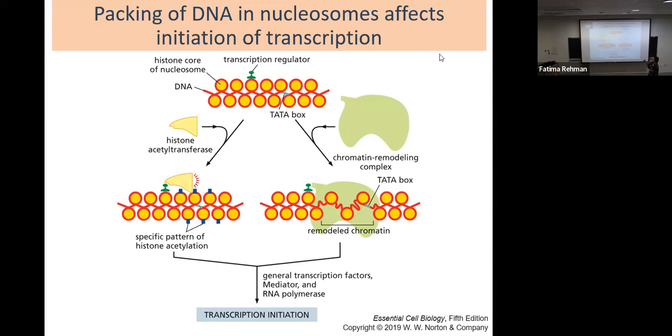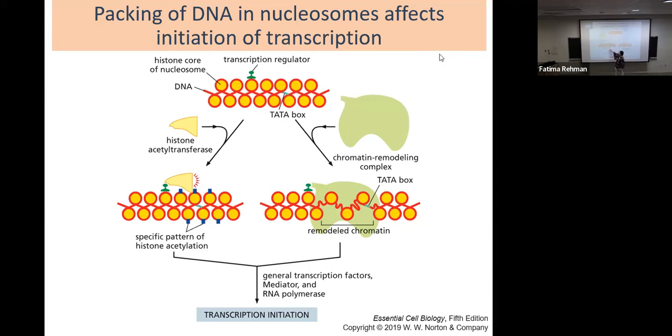You have the TATA box downstream of it. So when these transcriptional regulators, usually these enhancers, bind to those regions, it causes chromatin remodeling to occur. So it causes that entire region between the enhancer and the TATA box to open up and be in a more open conformation to turn into euchromatin instead of that heterochromatin conformation.